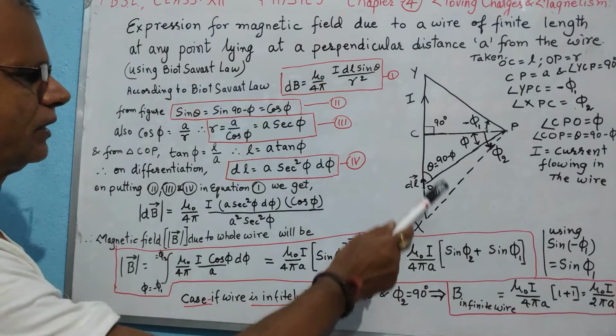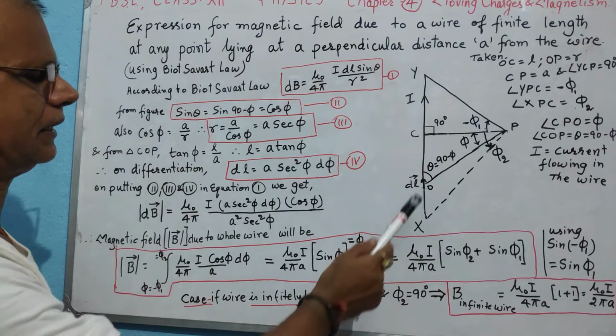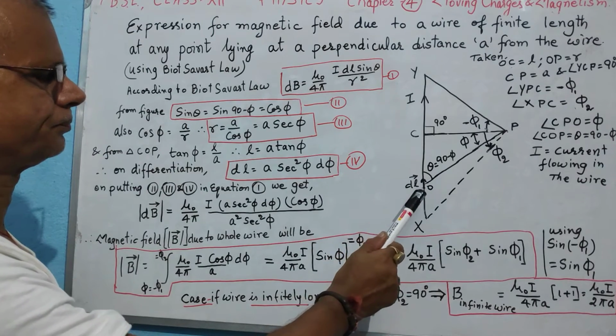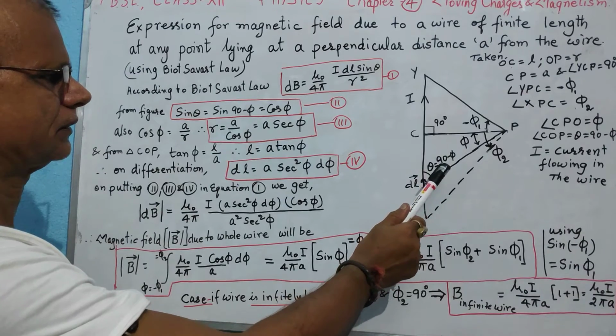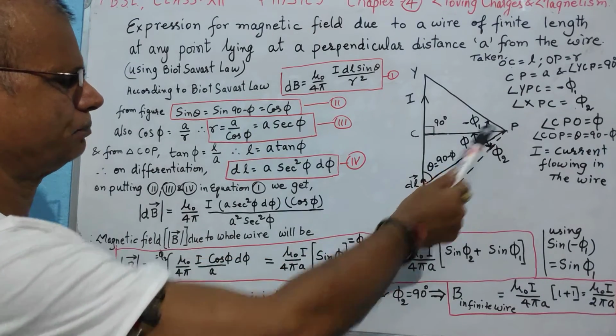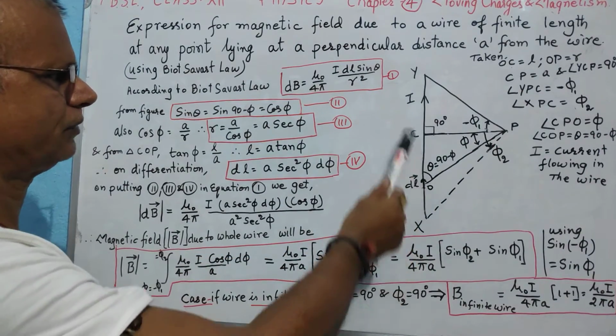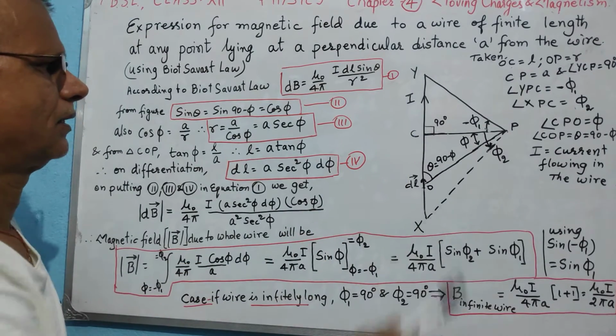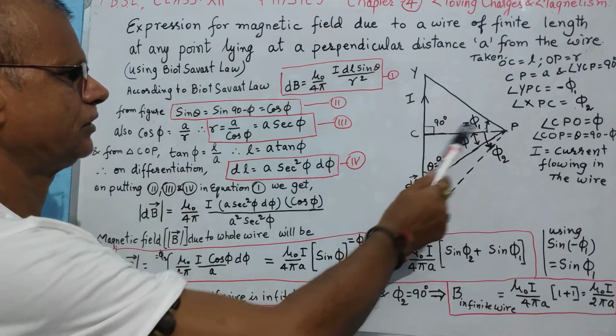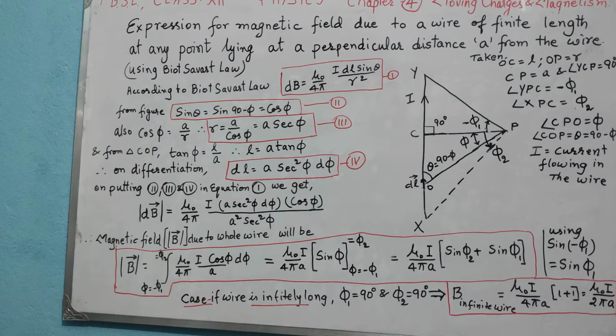And we also consider a current element dl at point O, which is making theta angle with the wire CO, and this angle CPO is taken as phi.